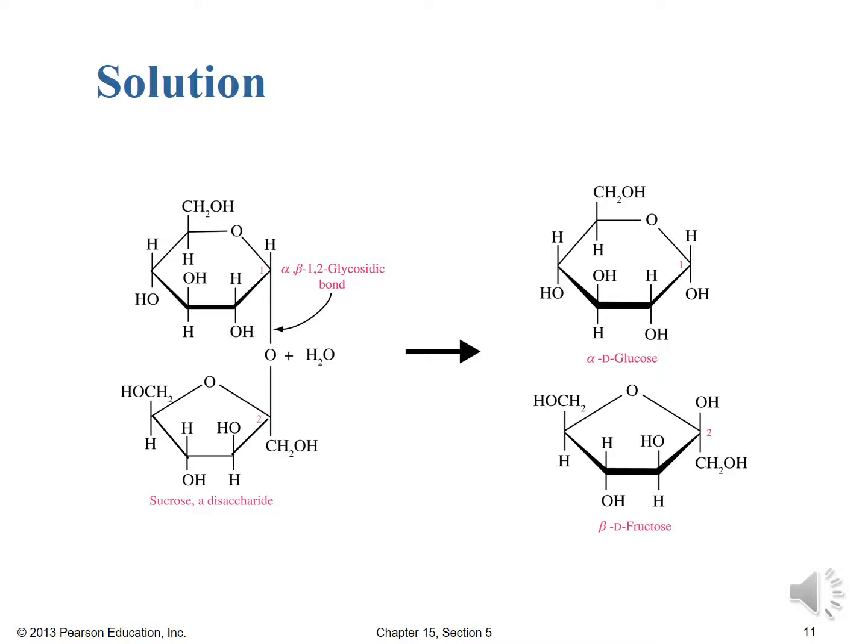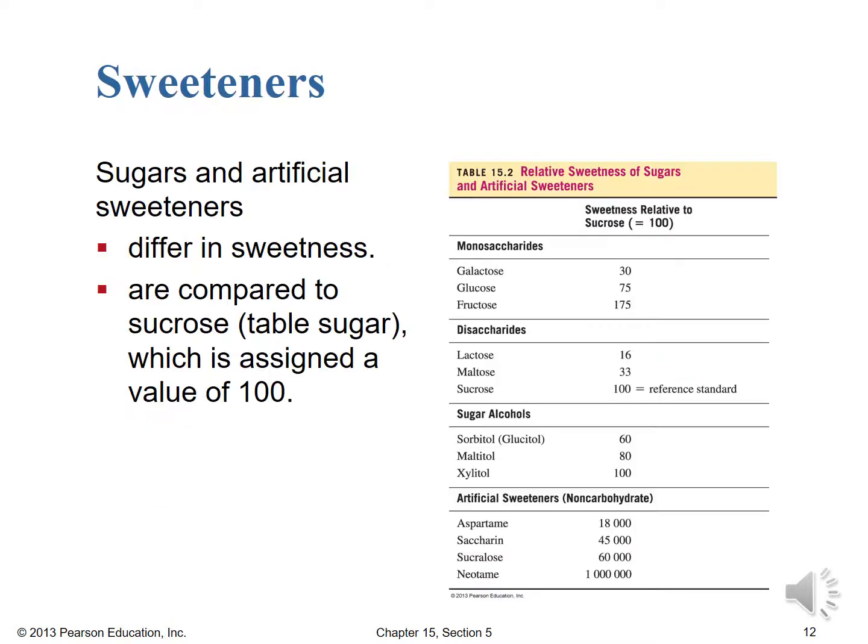So there we have now the alpha D-glucose reformed and the beta D-fructose reformed, and hopefully that was pretty simple and straightforward for you to do. If not, please do go ahead and try some other breakdowns of the disaccharides to try to reform their monosaccharides, and then certainly reach out to me for help if necessary.